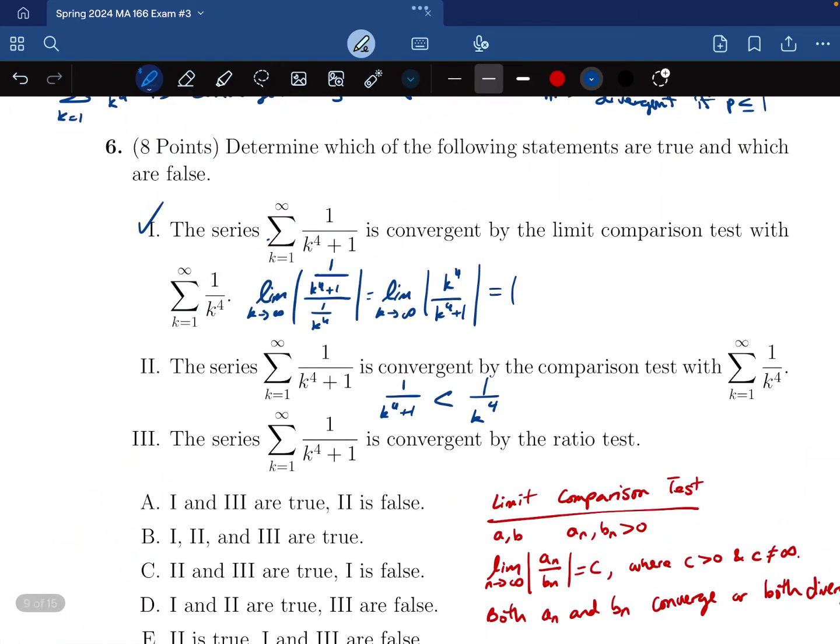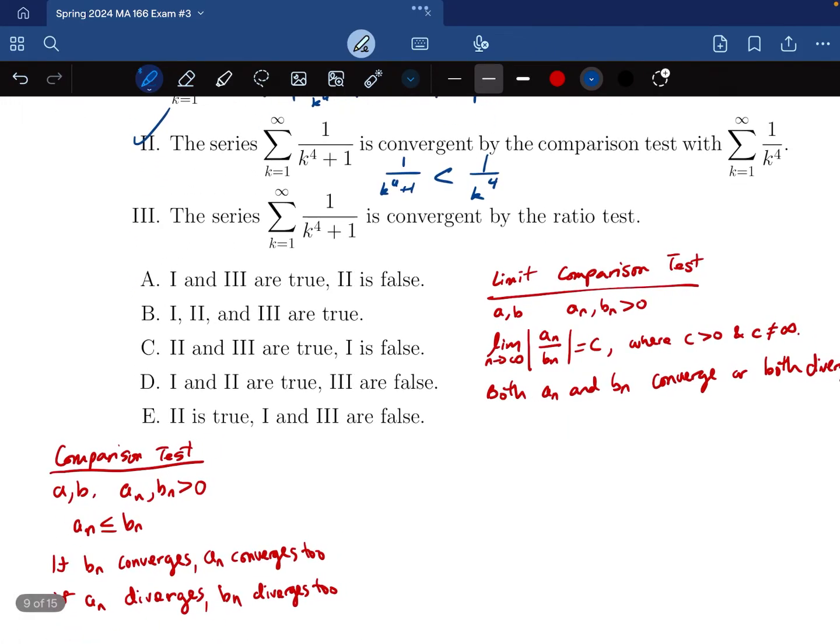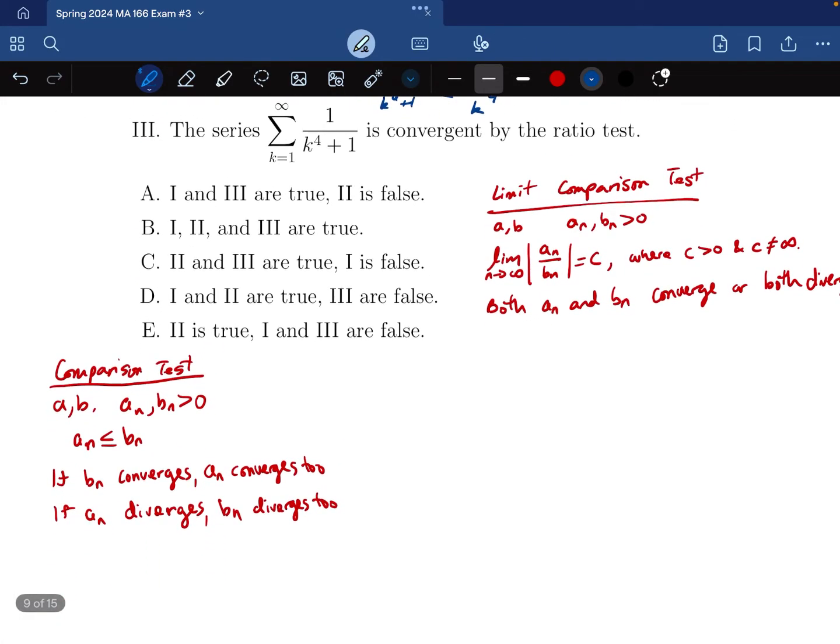Okay, true. The last statement is the ratio test. The ratio test says that if we take the limit as n approaches infinity of a_(n+1) over a_n, if the result is less than 1, the series is convergent.